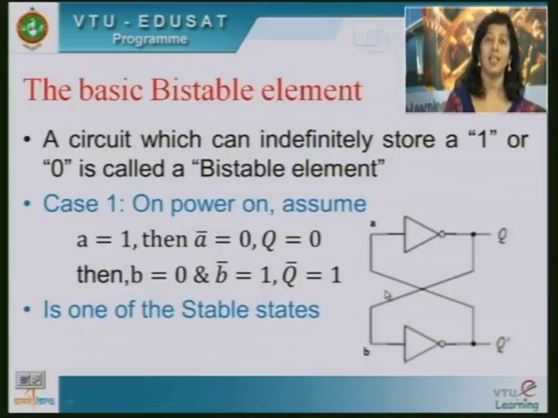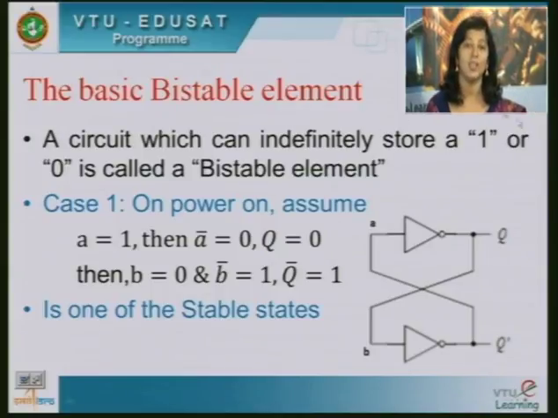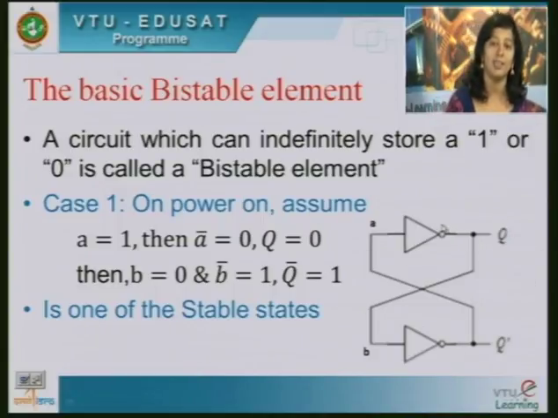This bistable element is capable of storing one bit of data, or it is a memory element. We can see how this works, how it is capable of storing one bit of data. The upper NOT gate output is connected to the input of the lower NOT gate, and vice versa. Output of the lower NOT gate is coming to the input.